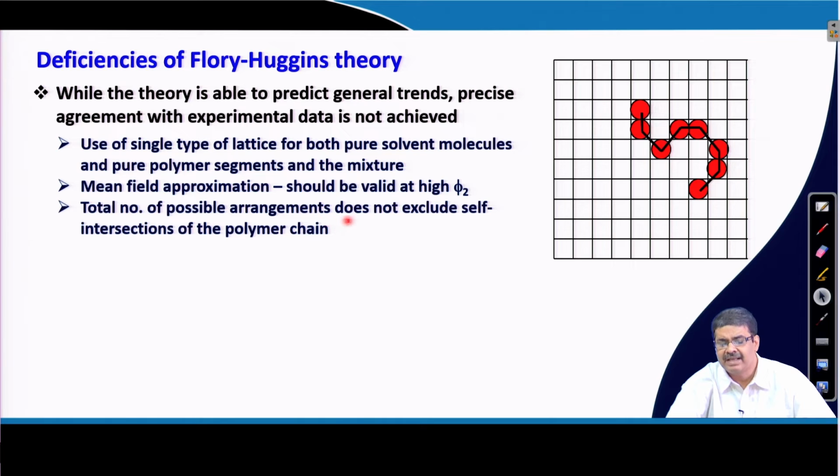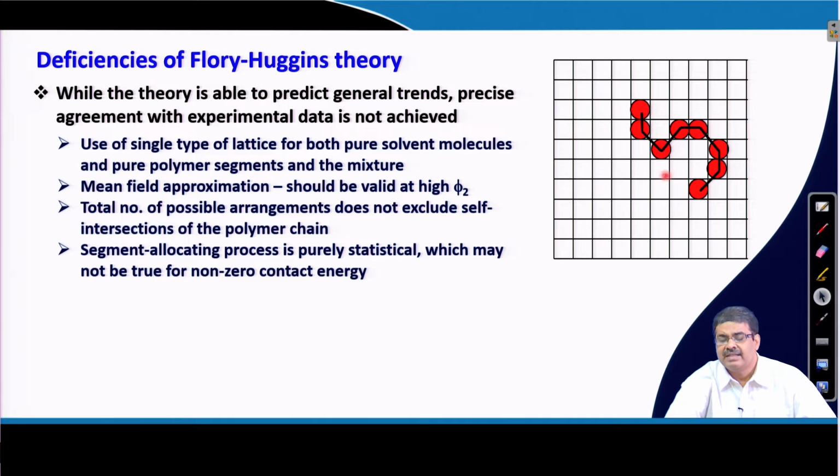The total number of possible arrangements does not exclude the self intersections of polymer chains. There is a possibility that polymer chains can overlap with each other, and some of the vacant cells around a particular segment may not be available due to self intersections. That was not considered during derivation of Flory-Huggins theory.